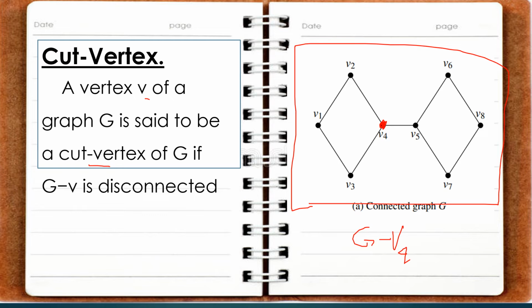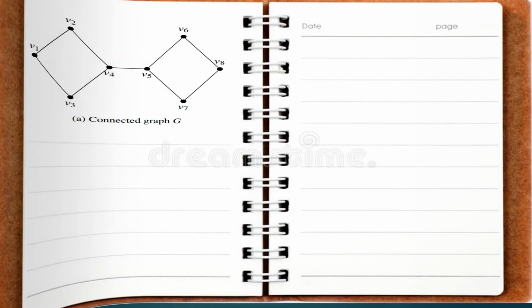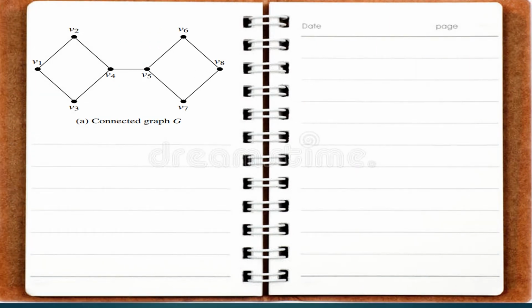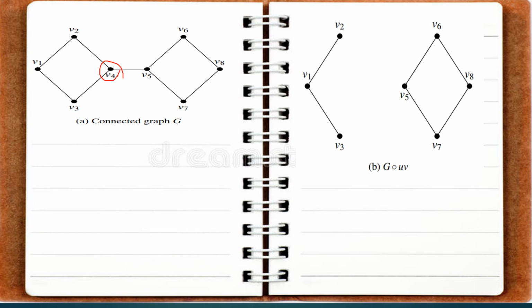So let's have an example. This is graph G. Let's say we will remove V4. When we remove the vertex V4, we also need to remove all the edges that are incident to V4.